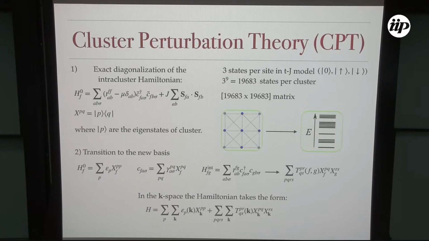We cannot treat it analytically, so we have to use numerical calculation. In this way the intracluster Hamiltonian becomes a matrix with this size, and we should diagonalize this matrix.